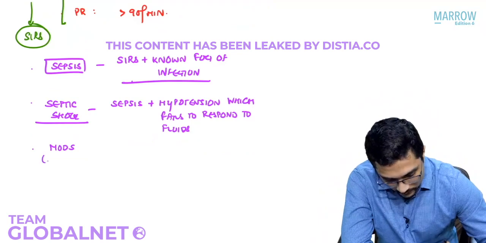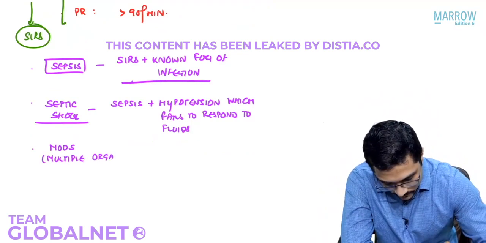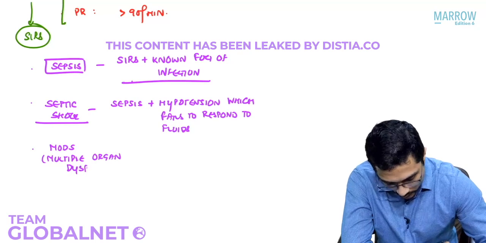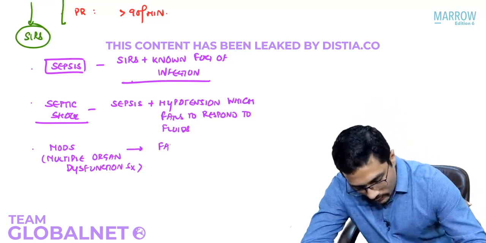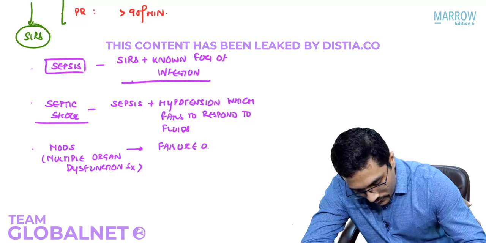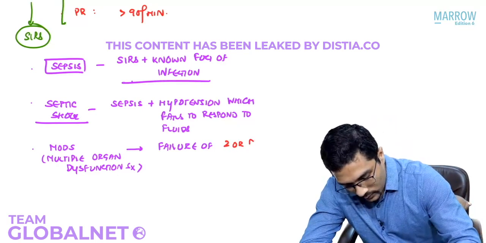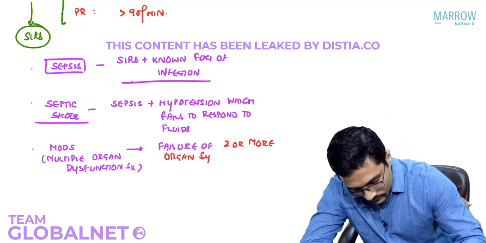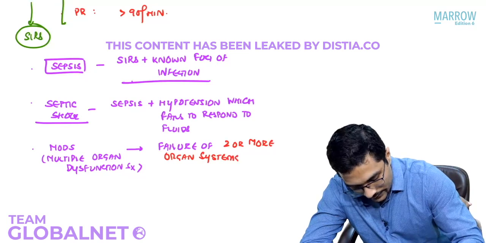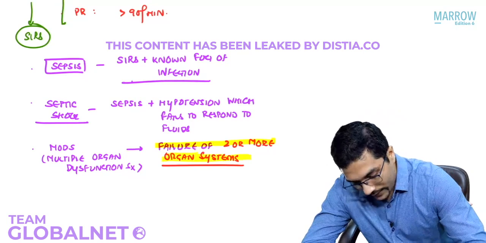MODS, multiple organ dysfunction syndrome. So MODS is when there is failure of two or more organ systems. That is when we say the patient has MODS. This has a high mortality rate.